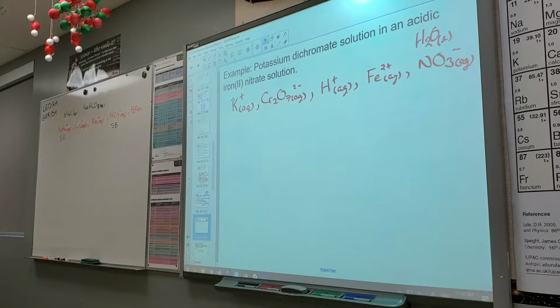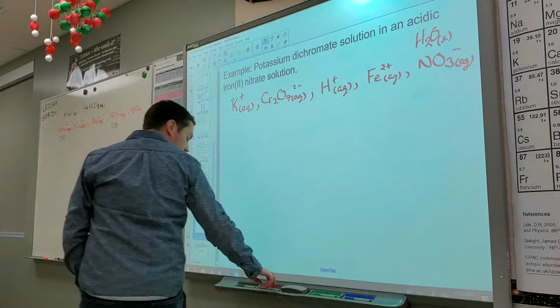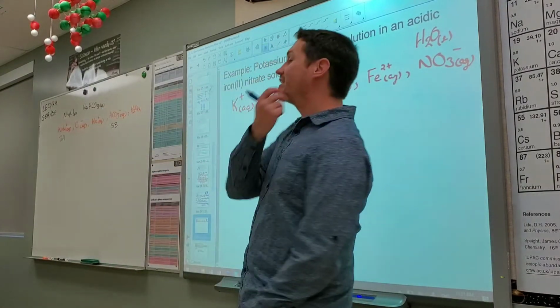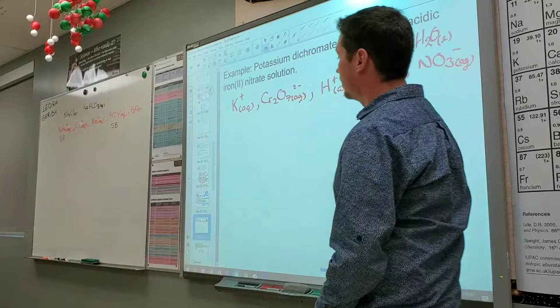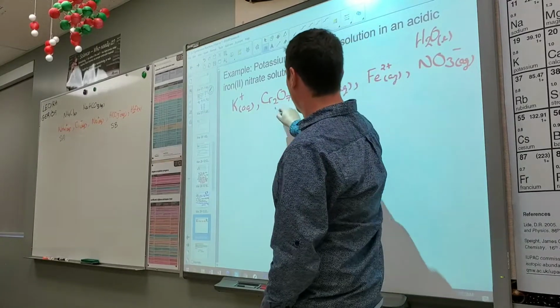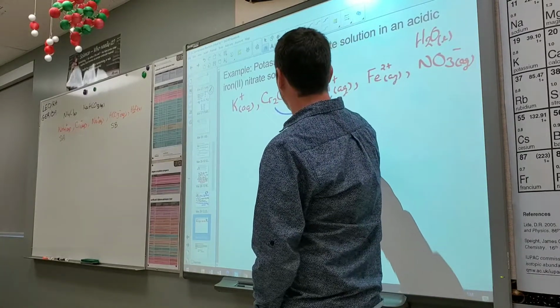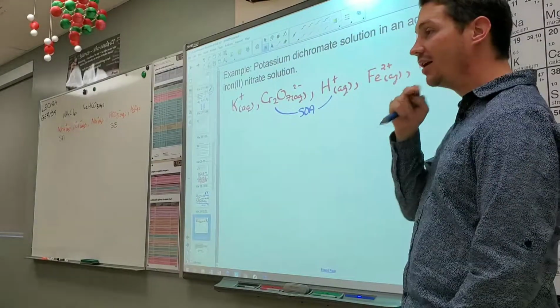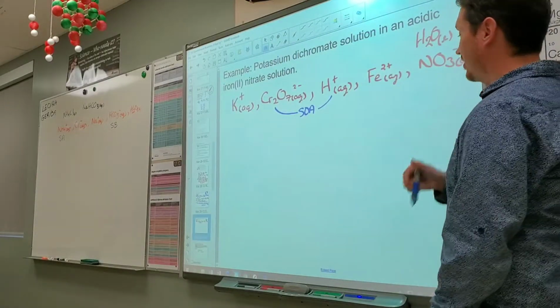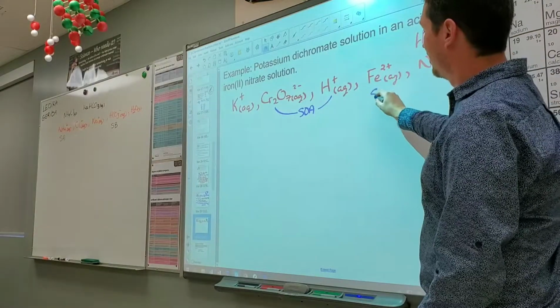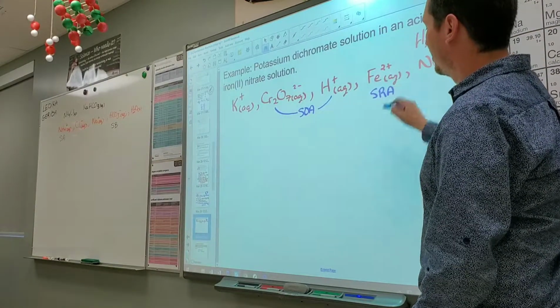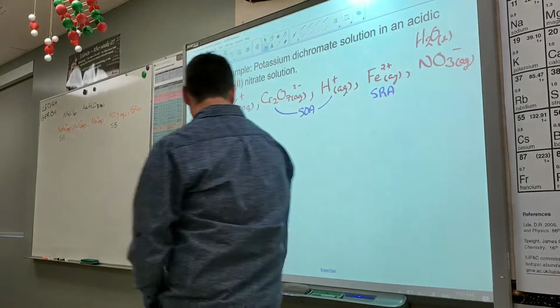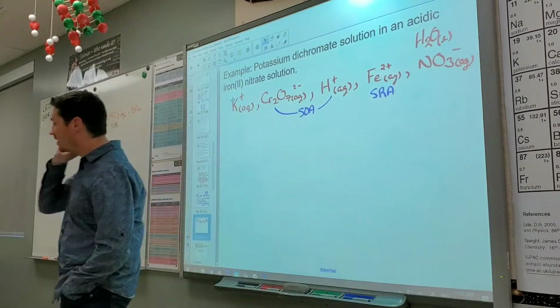Okay, what's our strongest oxidizing agent? So that's the acidified dichromate, right? What's our strongest reducing agent? Oh, wait. Oh, I missed it. Is it pretty easy to miss something on this list?